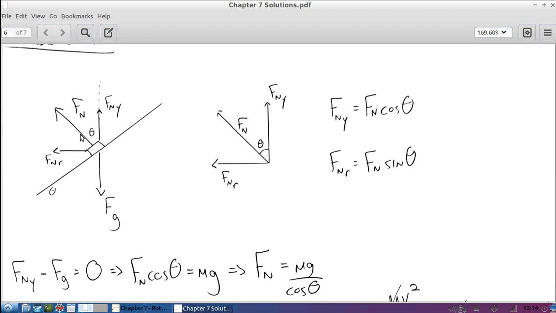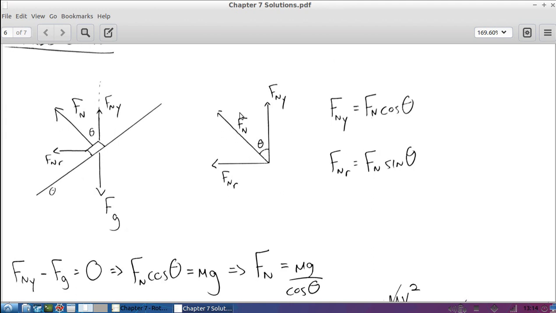So this normal force vector is the hypotenuse of a right triangle. Okay? So this is the normal force in the y direction, and this is the normal force in the r direction. So I've got a y component and an r component. Again, it's kind of backwards like the gravity one was with the inclined plane.